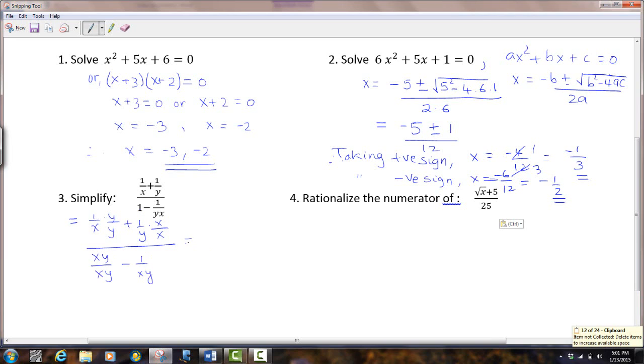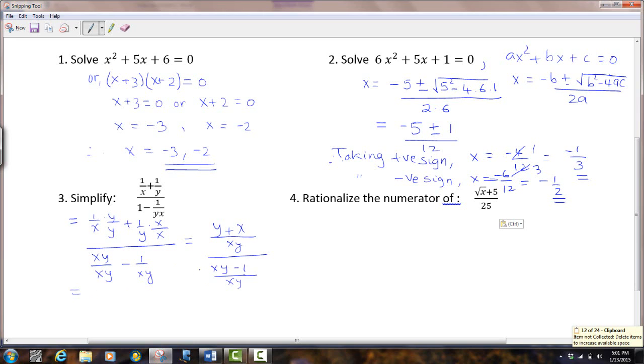So if you look at the numerator, you have x times y as the common denominator. In the first term I have y, plus in the second term I have x, whole over. In the denominator, you have x times y, so you get x times y minus 1 in the numerator of the denominator.